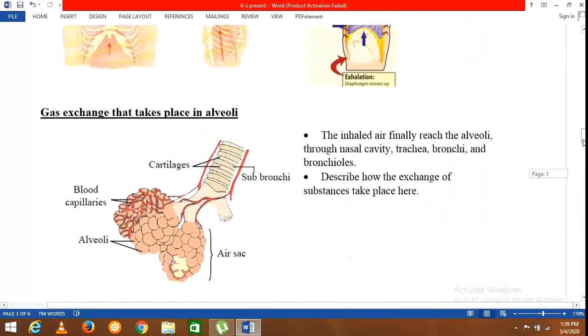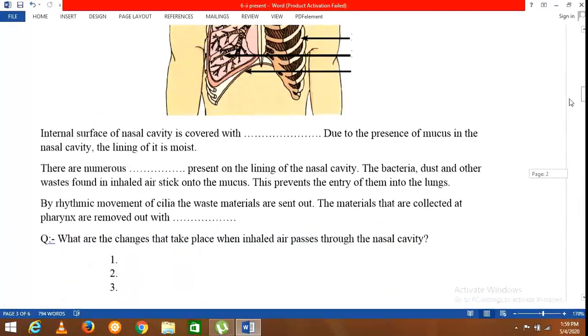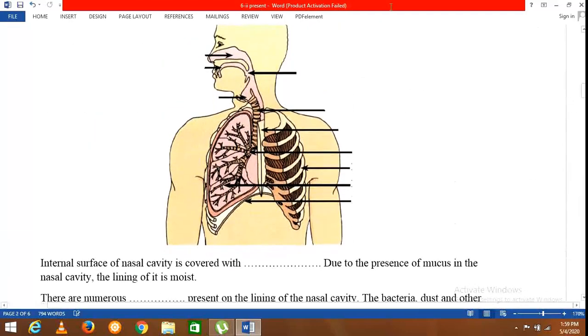So I need to mention something else. Here, I told you this is the trachea, and this pink color structure shows the esophagus. So you can see that the esophagus is behind the trachea, and I told you this trachea consists of incomplete C-shaped cartilage rings.